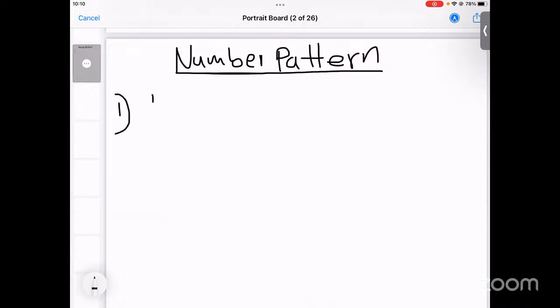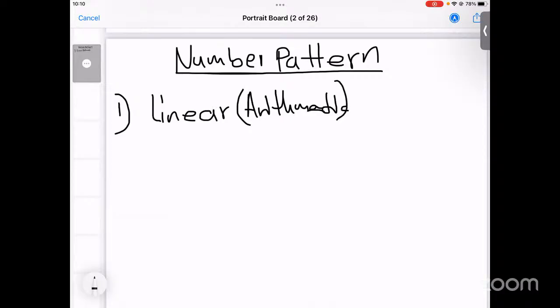But for me, I used to call it linear because I don't want big words. Linear pattern or arithmetic doesn't really matter that much.